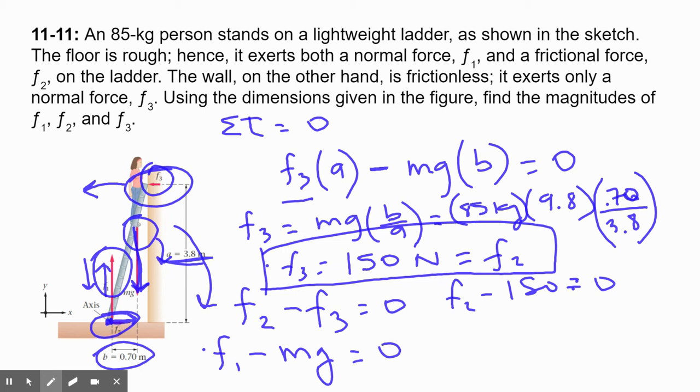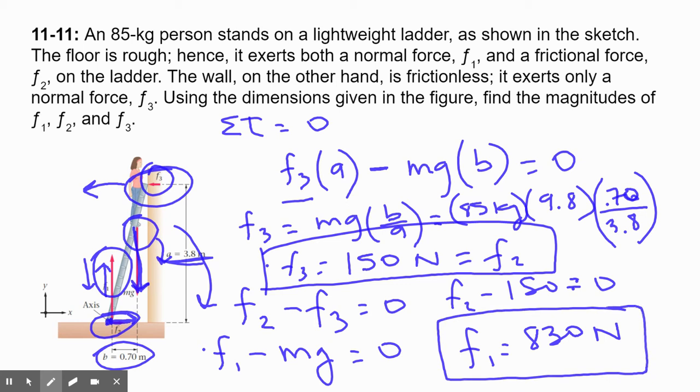We already know what the weight is, so we're just going to plug in that information, and you will find that F1 is equal to 830 newtons. So F1 is 830 newtons, and F2 and F3 are equal at 150 newtons.